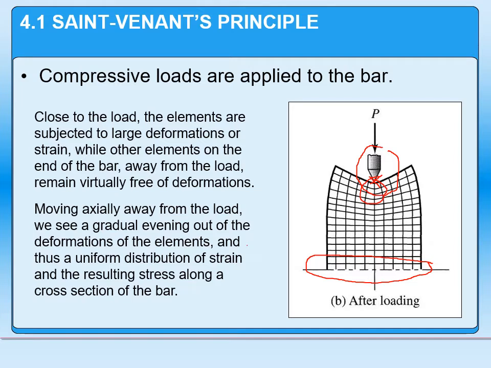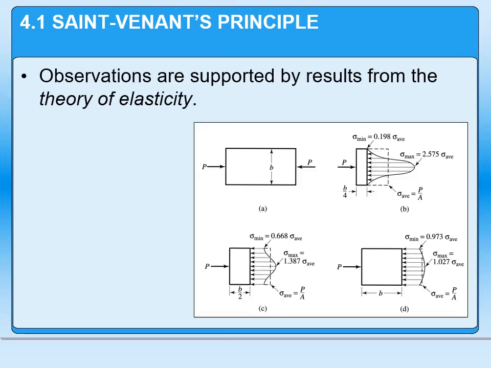But you could also see that as you get further away, the stress becomes more evenly distributed. Right? As we get to the middle of this beam, shown at the bottom here, the stress looks essentially uniform, where all of the elements are remaining rectangular, all of them are deforming at the same rate.